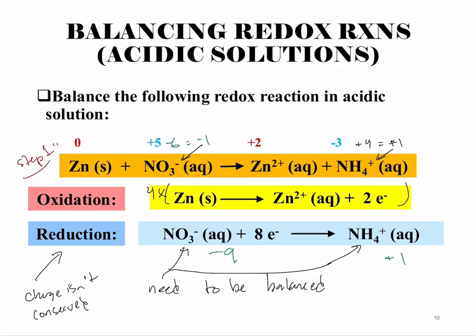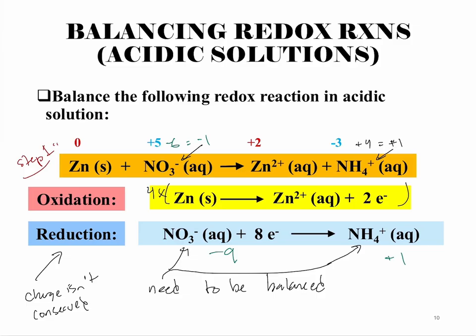What about our oxidation reaction? Is charge conserved? Each electron carries what charge? -1, and we have how many electrons in that process? 2, so we have -2, and what's the charge of the zinc ion on the product side? +2, right?